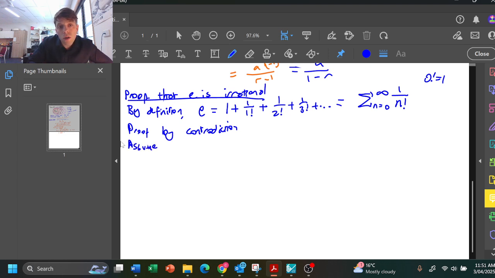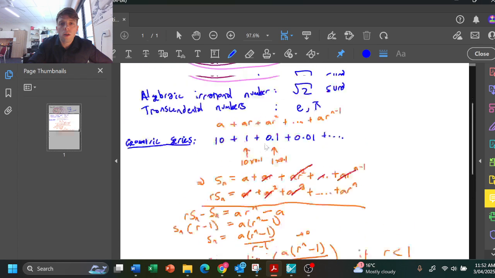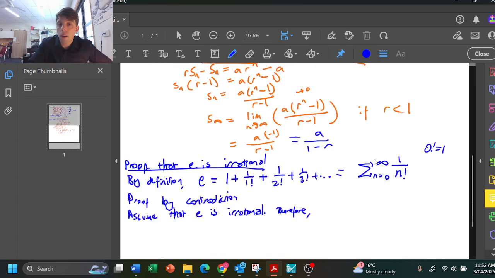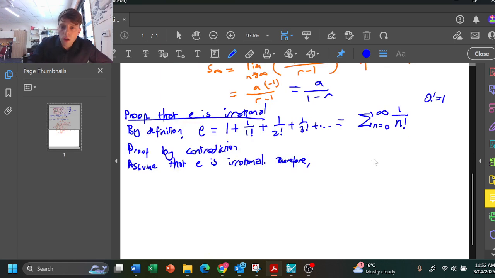So let's start by assuming that e is rational. So therefore, by definition, because we've defined up here what a rational number is, it's a number that can be written as one whole number divided by another whole number. So therefore, e can be written as a over b, where a and b are integers, by definition of a rational number.